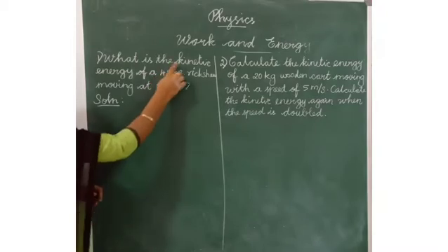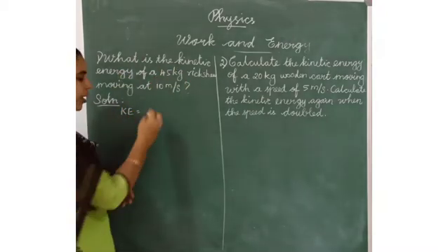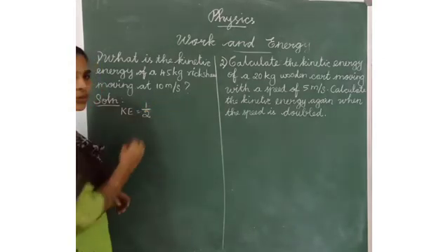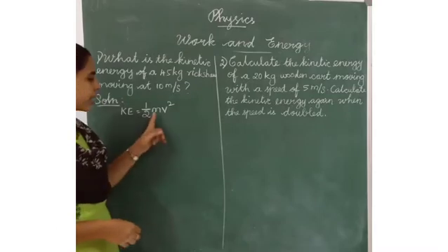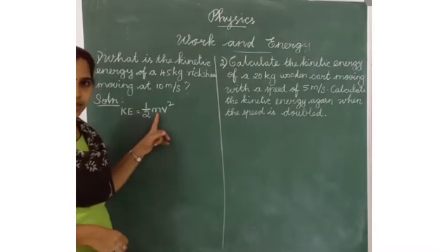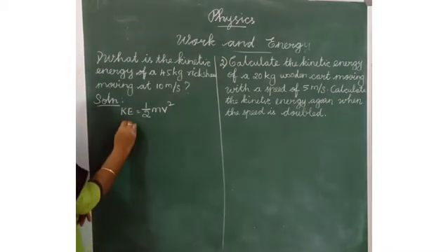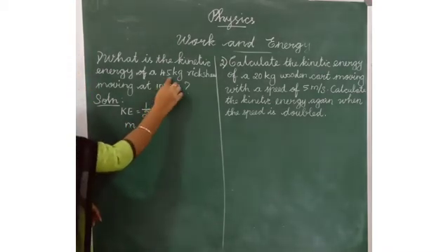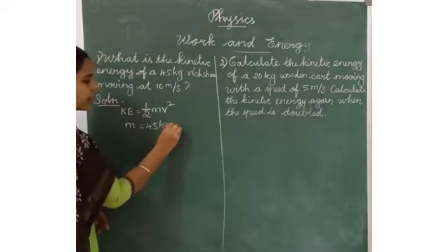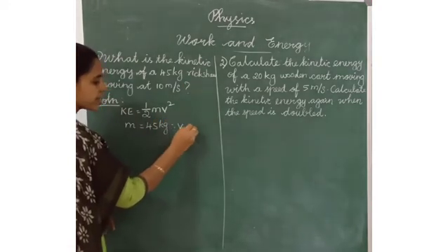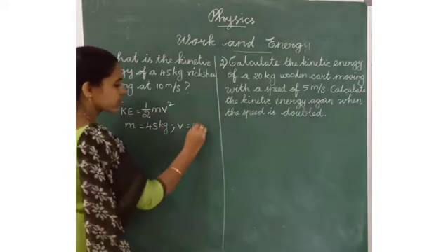First we write the formula. Kinetic energy is equal to 1 by 2 m into v square, where m is the mass of an object and v is the speed of an object. So m is equal to 45 kilogram and v is equal to 10 meter per second.